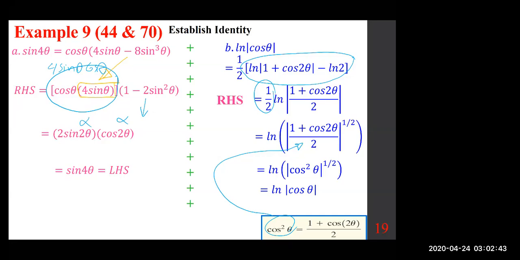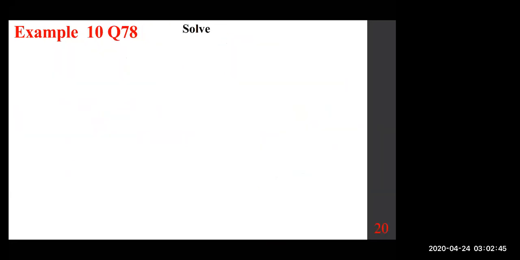I want to spend a minute going over that. So we want to solve this. All right. If you recall, class, I told you cosine 2 theta has 3 ways of answering. If you go back to your notes, you can see that.